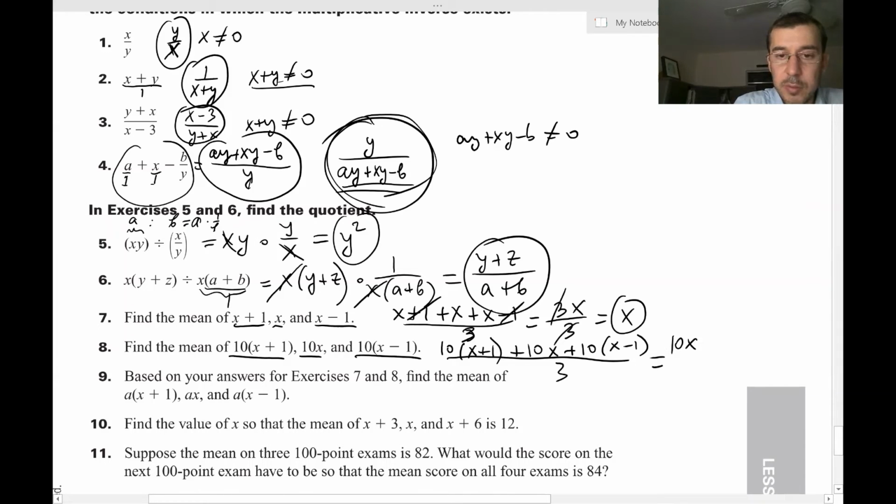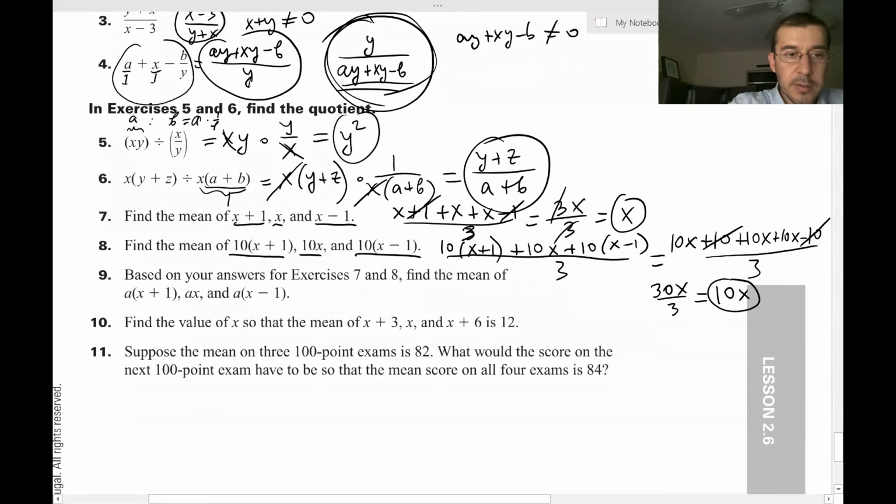Applying the distributive property, 10 times plus 1 is plus 10, plus 10x, plus 10 times x is plus 10x, plus 10 times minus 1 is minus 10, over 3. Plus 10 and minus 10 cancel out. We end up with 10x, 10x, 10x. So 30x. 30x over 3. 30 divided by 3 is 10. So 10x is the answer for number 8.